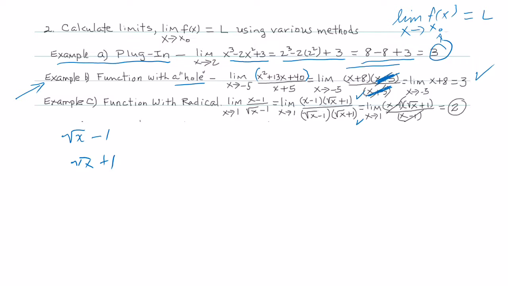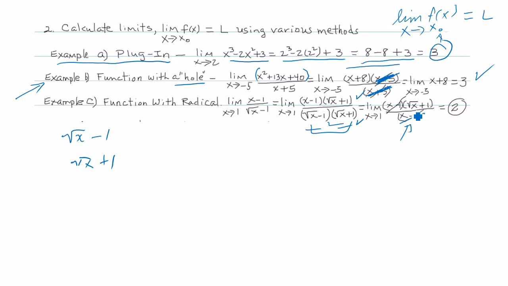And then what you do is you take the radical minus 1 and the radical plus 1 and multiply them together first. Don't do anything with the top, because you'll find very quickly you'll get some simplification. So multiplying radical x minus 1 times radical x plus 1, you get radical x times radical x is x, plus the outside is 1 radical x, the inside is minus 1 radical x, which cancels, and the last term is minus 1.